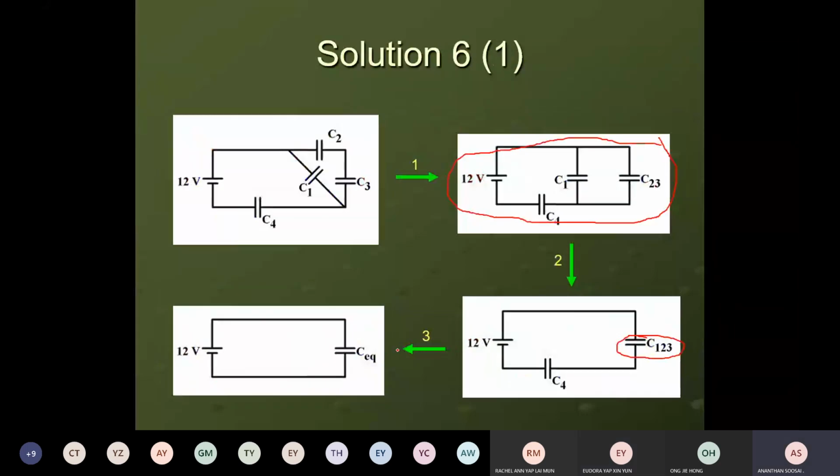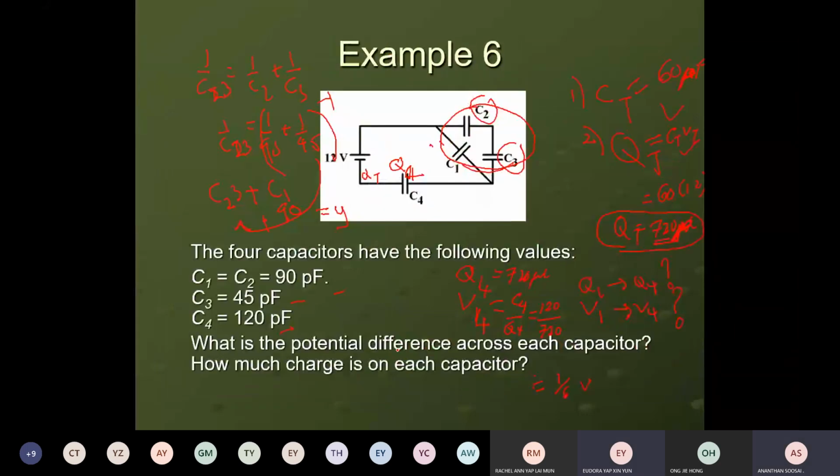It is Q over C, sorry. So it should be 720 over 120. So you got 6 volt. Before, it was Q over C. So here you got 6 volt. So you got Q4, you got V4, the charge and the voltage here.